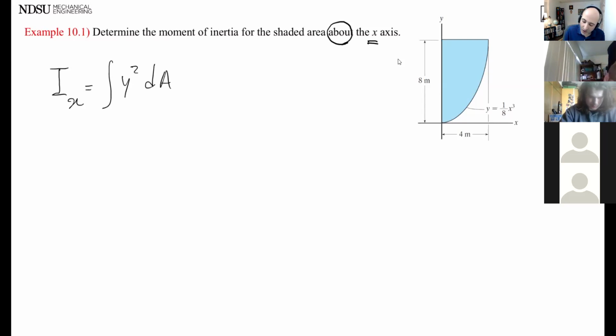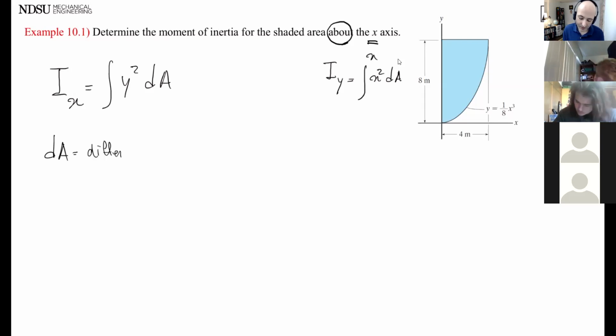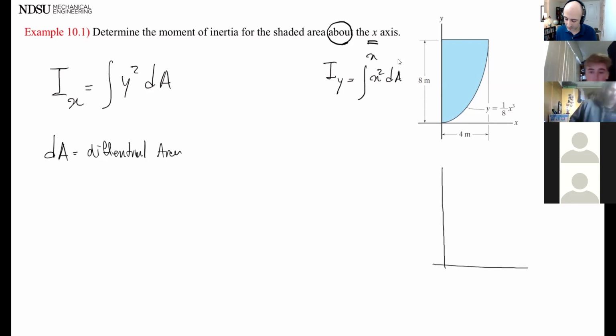If it was about the y-axis, it would have been Iy, and the only difference is instead of y², we have x² dA. So this is much simpler. All you have to do is find dA, which is just the differential amount of area, that little tiny sliver of area.